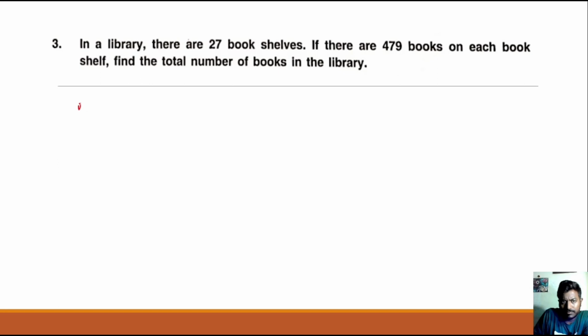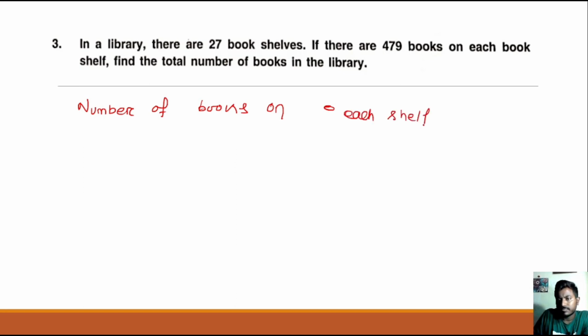The number of books on each shelf, that is each bookshelf, is equal to 479 books.